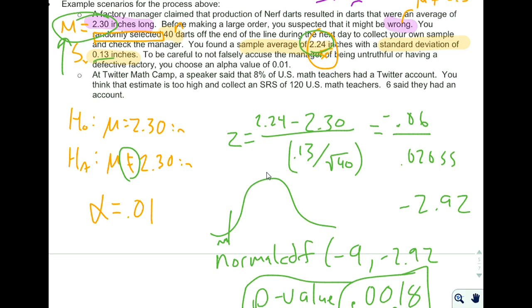So there's a 0.18% chance of finding a sample average as extreme as 2.24 when we assume that our population average is 2.3.